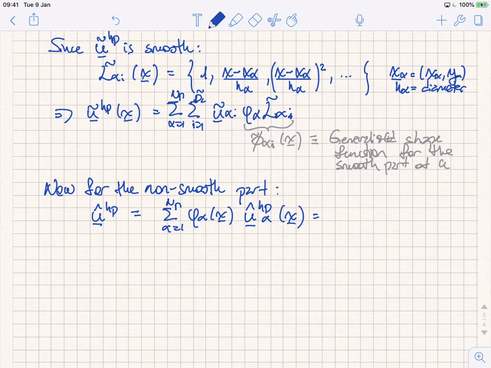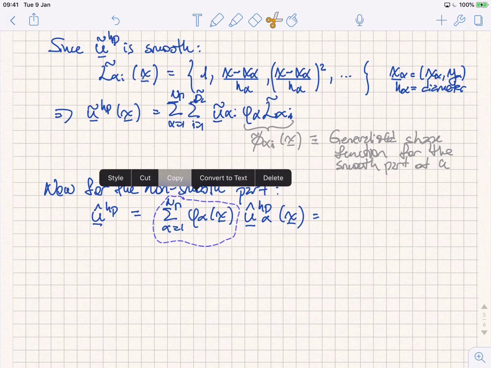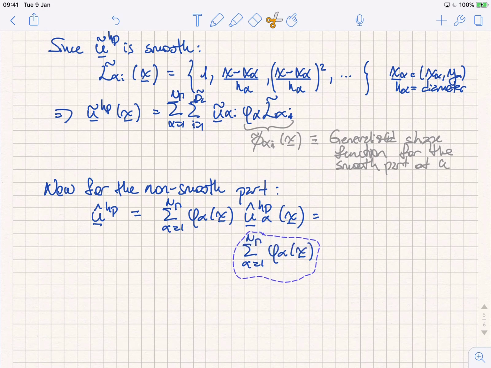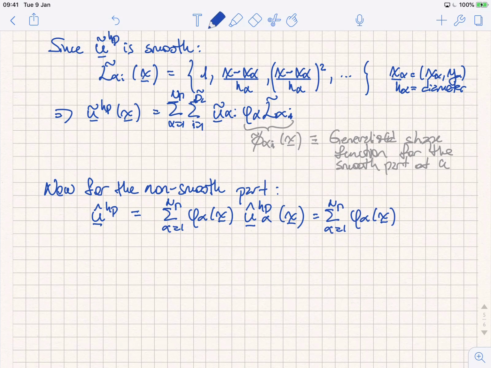Let's just copy this whole thing. And I'm going to use now the sum from 1 to dl hat this time, because I'm going to use another type of enrichment functions.